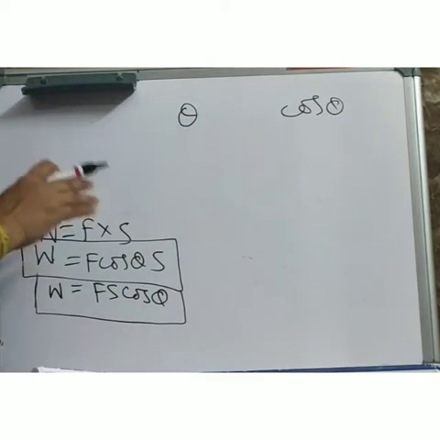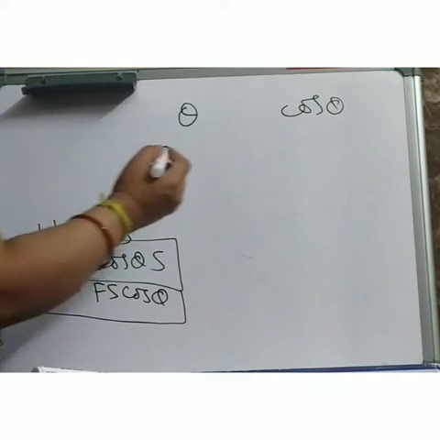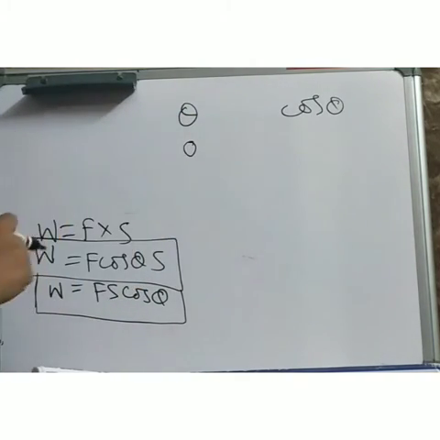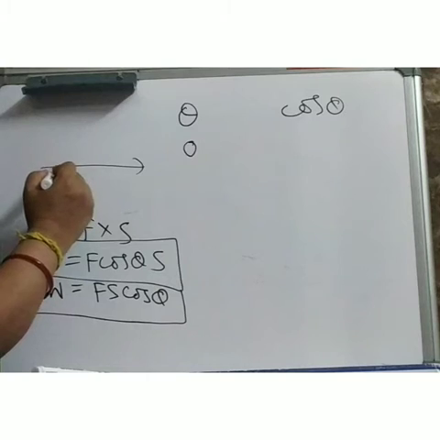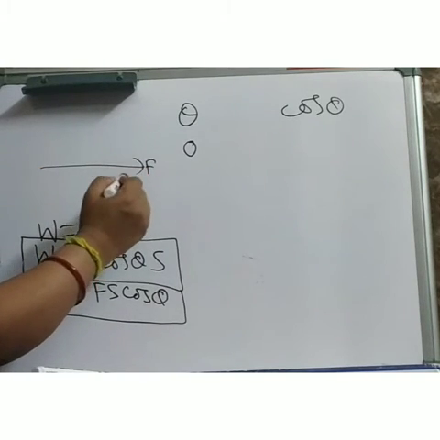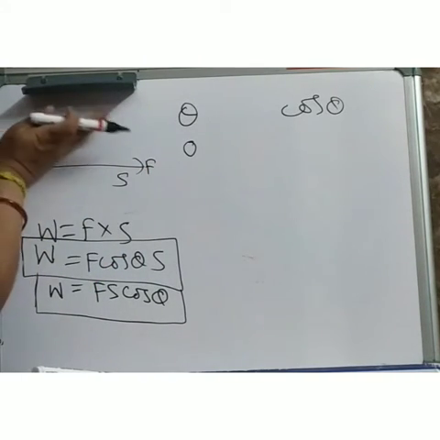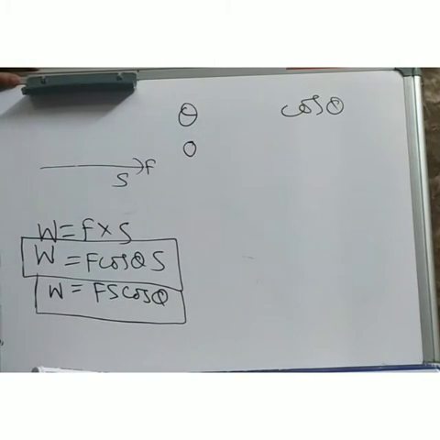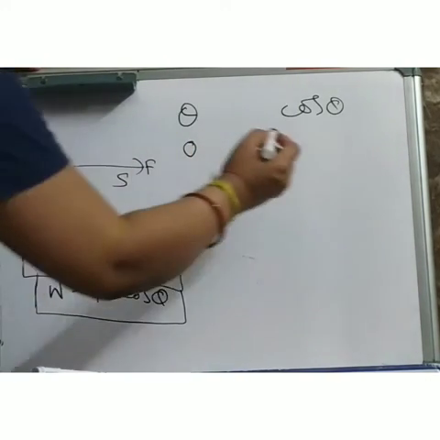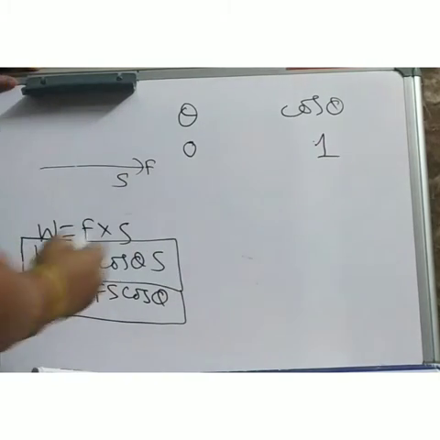Suppose the angle theta is 0. That means force and displacement are both in the same direction. That's why this angle theta will reduce to 0. So when theta is 0, what is cos 0? Cos 0 value will be 1.